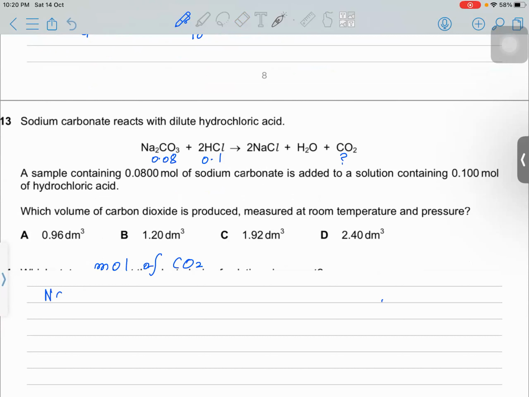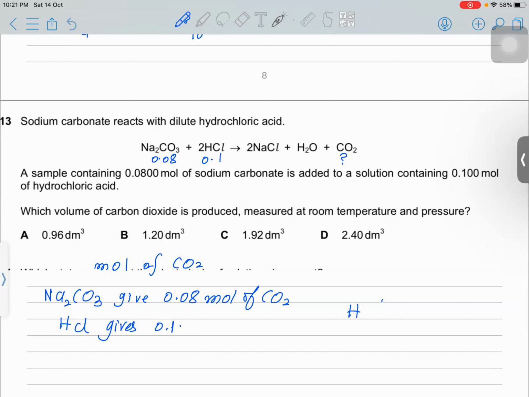So Na2CO3 gives 0.08 mole of carbon dioxide, while HCl gives 0.1.